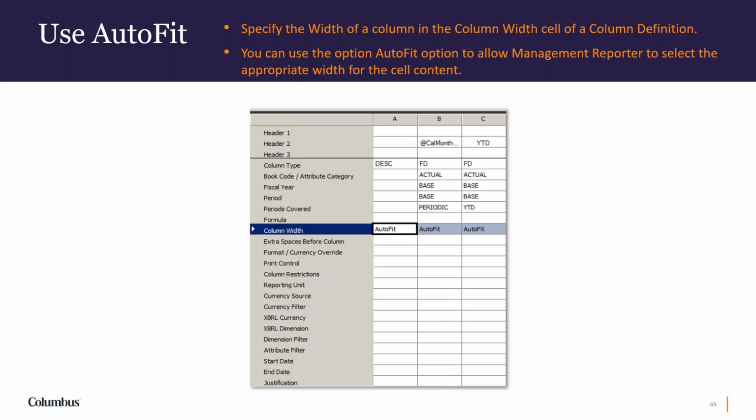So a lot of times I won't necessarily use autofit on a description. If I'm just doing a month of and year to date, autofit would be perfect. If you're doing a 12-month trend, again, you might not want to use autofit if you want all your columns to be the same width. Then you might need to be a little bit more picky about how wide you want each of those columns to actually display, so you don't get one that's like 20 characters and one that's only like 5.